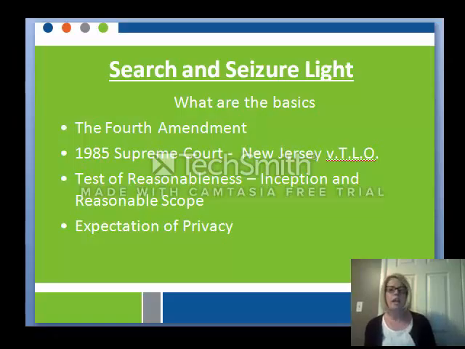There's also an expectation of privacy within the Fourth Amendment. When we think about the expectation of privacy, it's about what level of privacy is generally expected in society. Different circumstances indicate different levels of privacy. Here in Michigan, when it comes to lockers, the law states that lockers are property of the school, and so there's very little right to privacy.